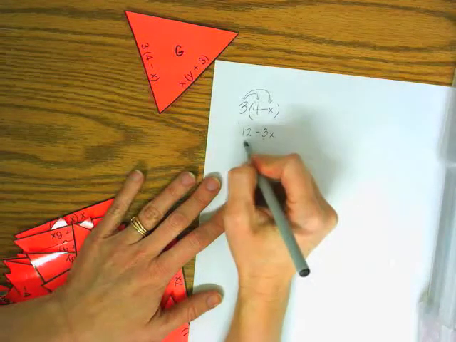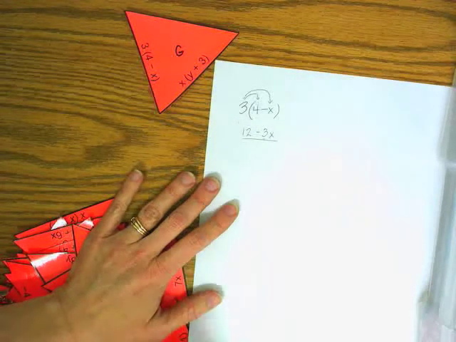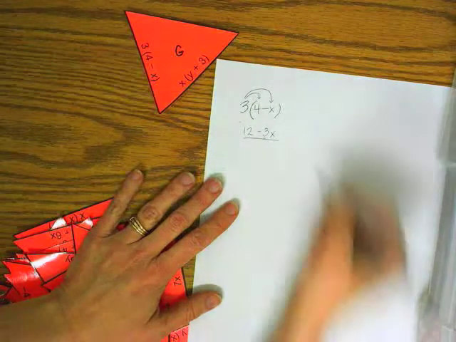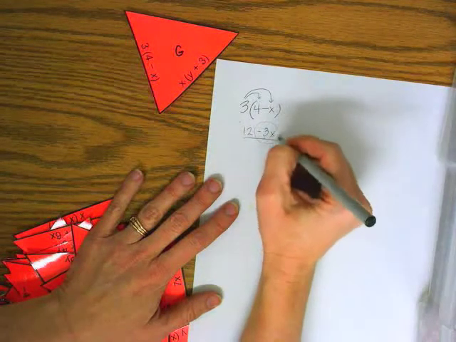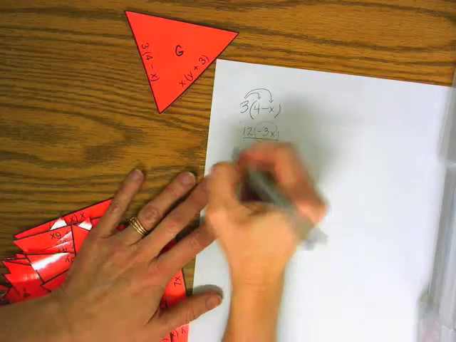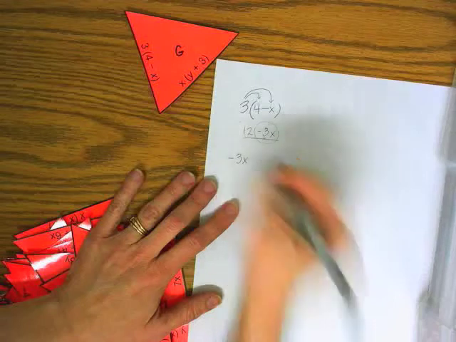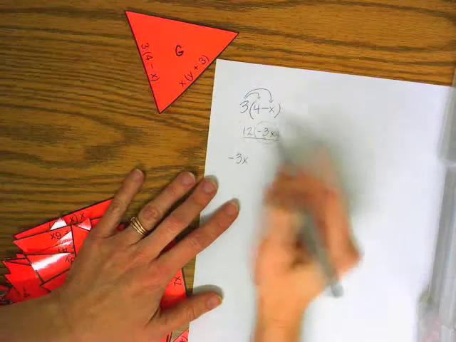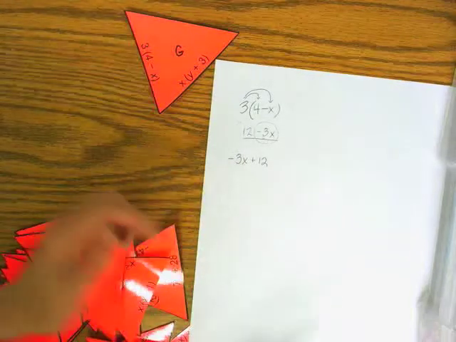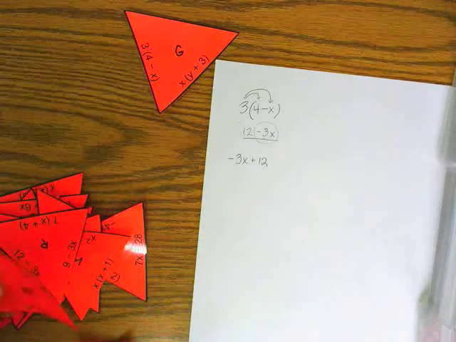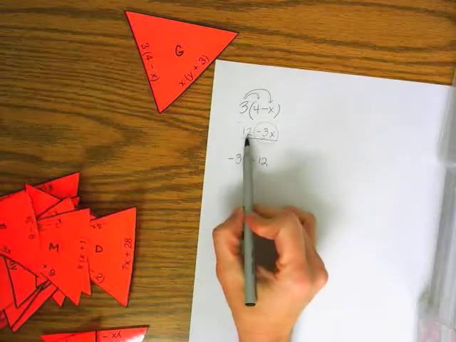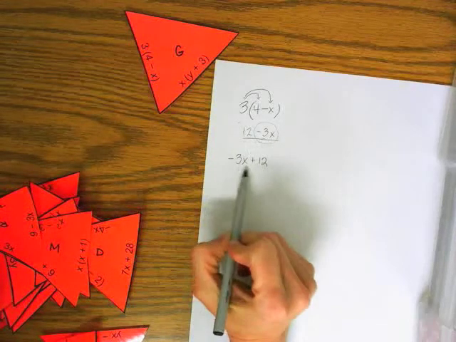You might see the answer written in this order, or you might see it in the other order that we talked about with the foldable, which is putting the term that has the variable in it first. So remember, the negative goes with the 3x. So negative 3x would come first. And then this is positive 12, so I would write positive 12. The expressions are written in a variety of ways, so I can't guarantee whether it's going to say 12 minus 3x or negative 3x plus 12.